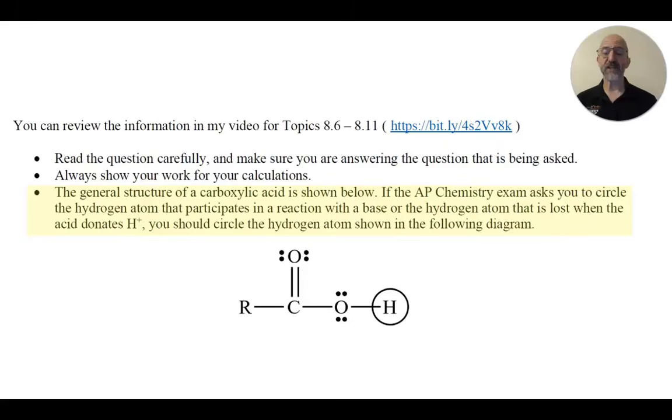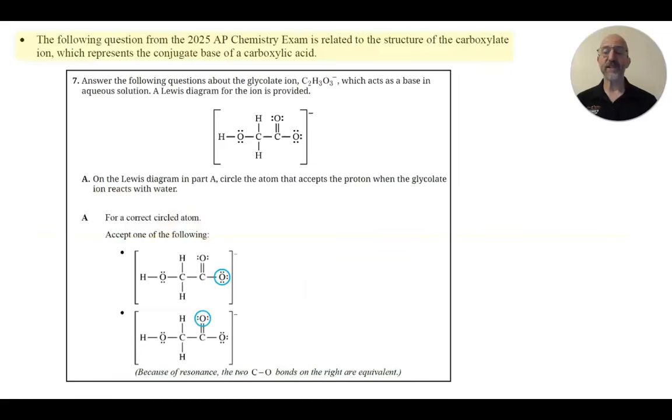Something I would like to mention, this came from the 2025 AP Chemistry exam. And this question is related to the structure of the carboxylate ion. The carboxylate ion is the conjugate base of a carboxylic acid. So what you can see is this question from the 2025 AP Chemistry exam. The student had to circle the atom that not donates the proton, but rather accepts the proton.